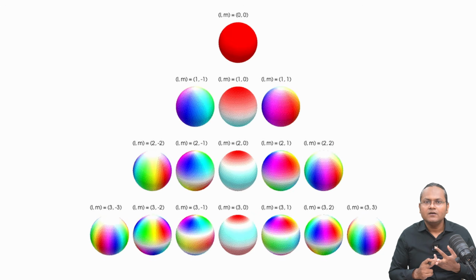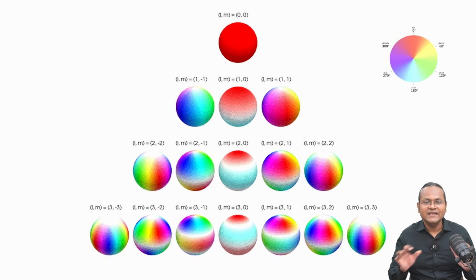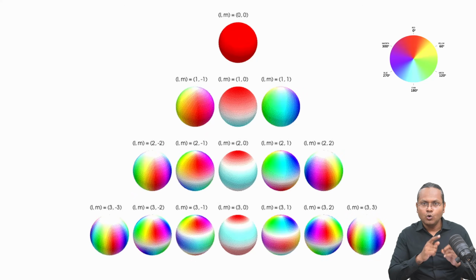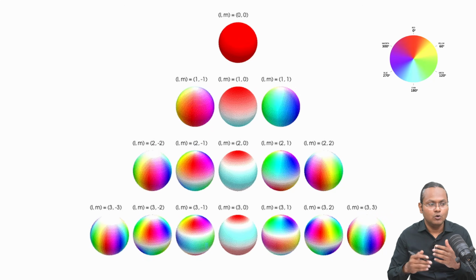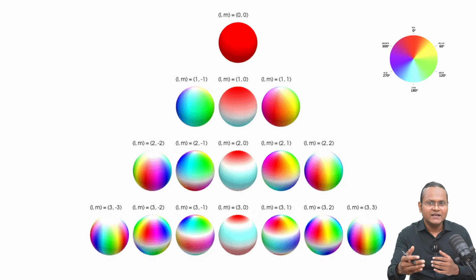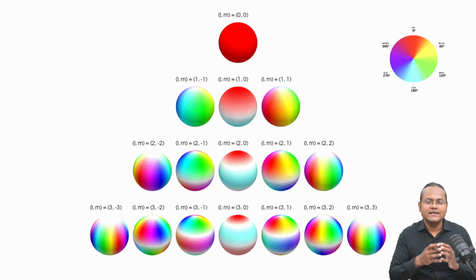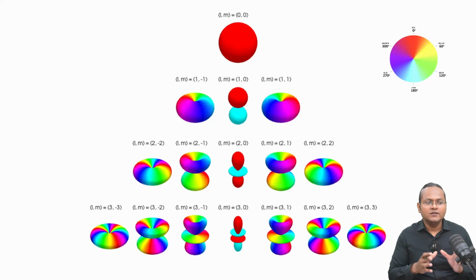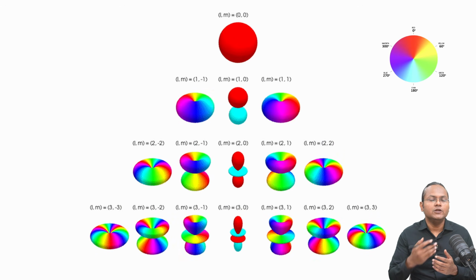The intensity of the color represents the functional value, and the hue of the color represents phase rotation. The whites, notice, represent nodal planes where the probability density will eventually go to zero. If we connect this mathematical function value to the radius, then suddenly the shapes look a little different. These are the complex spherical harmonics with the phase rotation included.